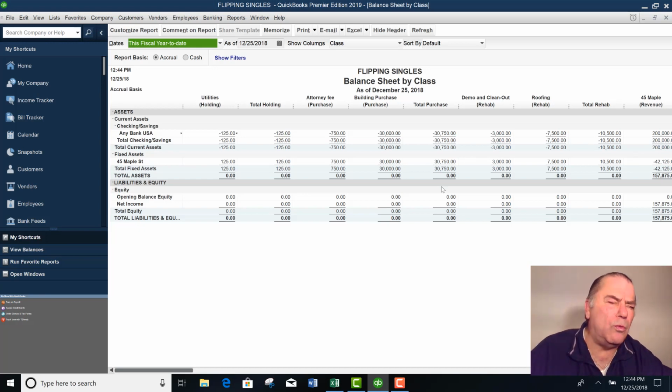All right, so I can't say this enough. I set this up in a lot of detail, and for some people it gets confusing. So if you don't want all the individual types of holding costs, don't put in utilities.